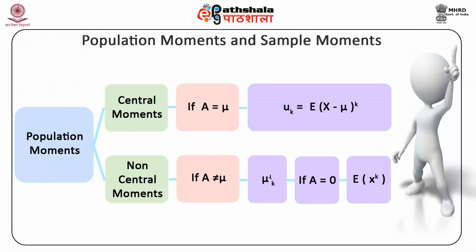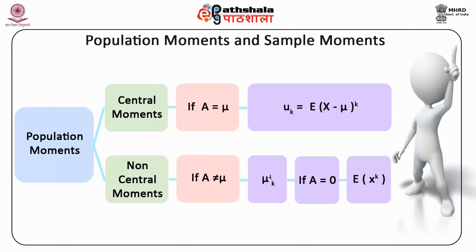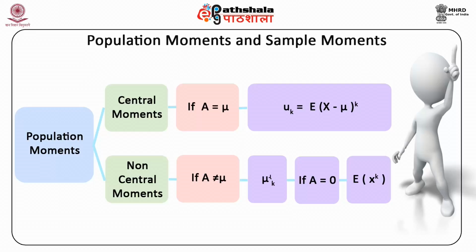For a symmetric distribution, the third central moment is 0. It is negative for a distribution skewed to the left and positive for a positively skewed distribution or distribution skewed to the right. Also, the first moment about the origin is the mean of the distribution.